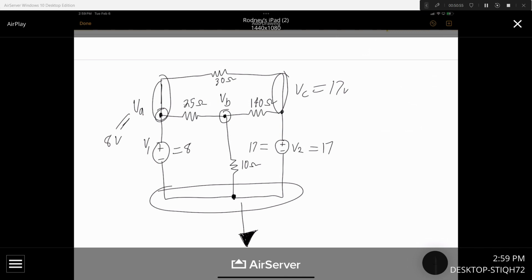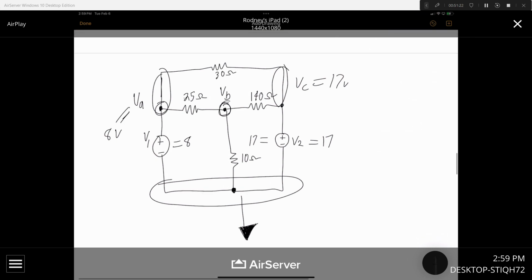Now, replace these symbolic labels with their voltage values. Now we can find VB. We can do a KCL at VB now, since we know all the voltages coming into there.